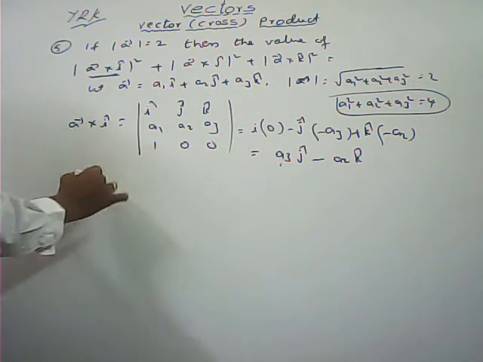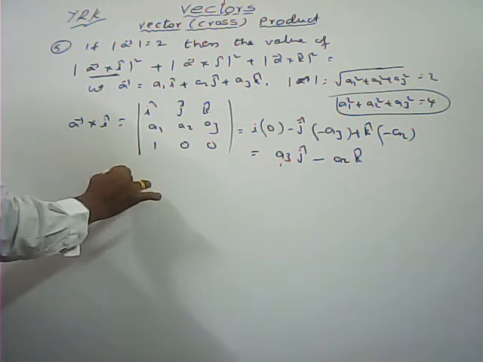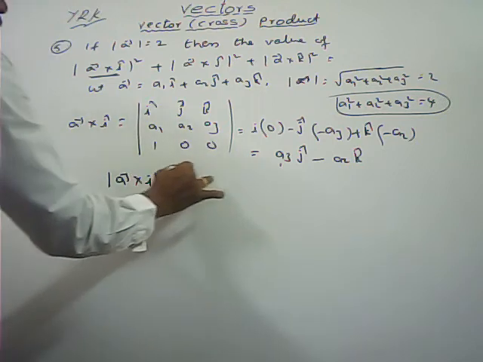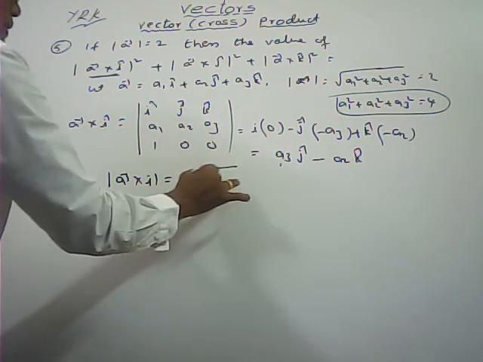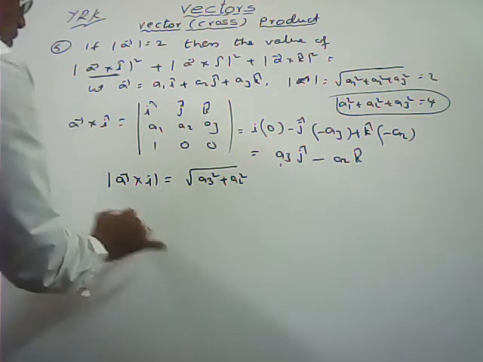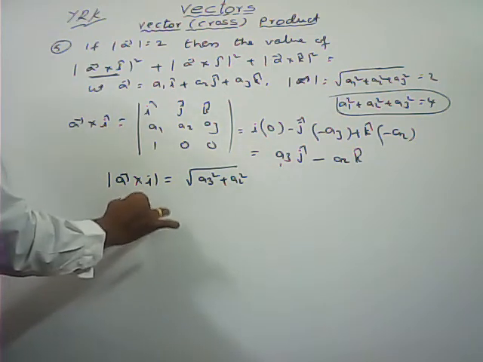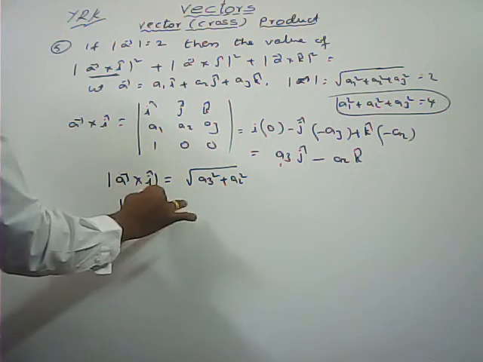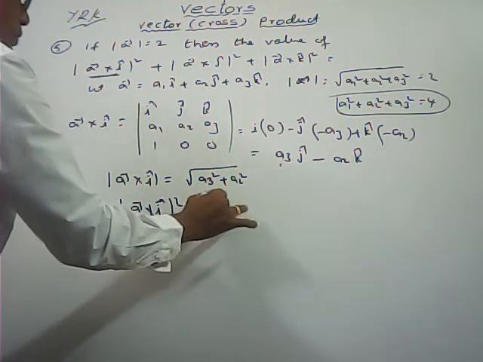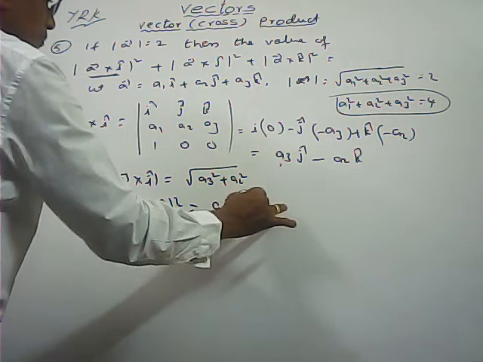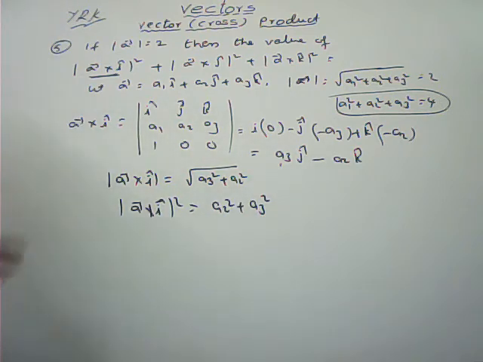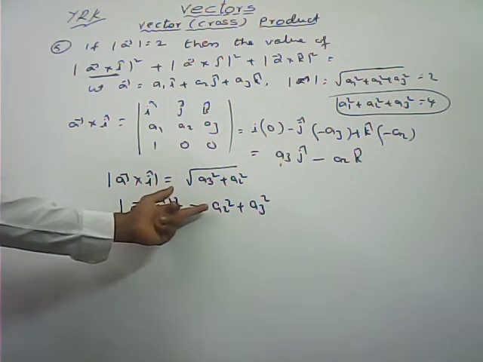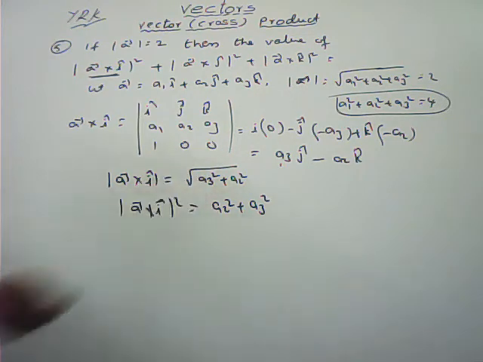Here we want the modulus of a bar cross i cap, that is equal to root of a3 square plus a2 square. Otherwise we can write, squaring on both sides, a2 square plus a3 square. See, in the cross product with i cap, the a1 term is not there, only a2 square plus a3 square.